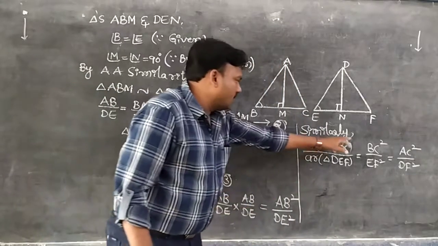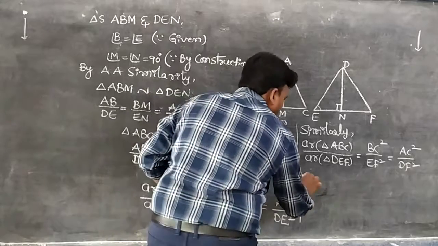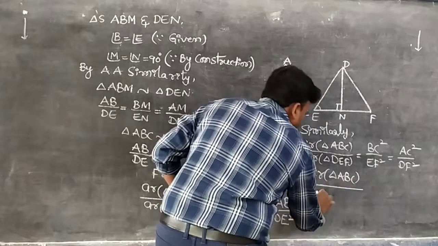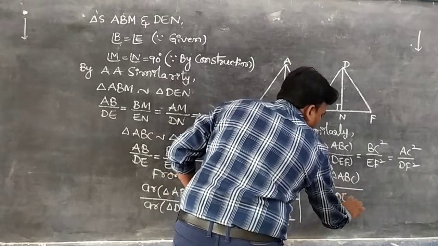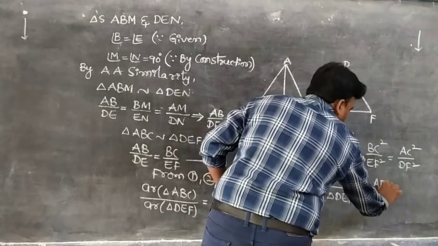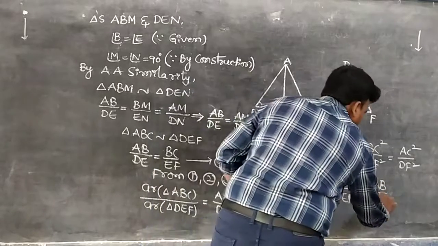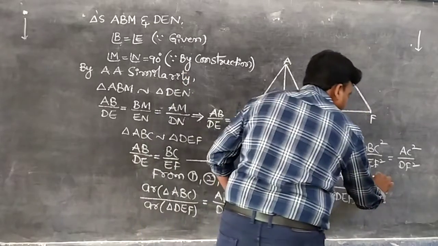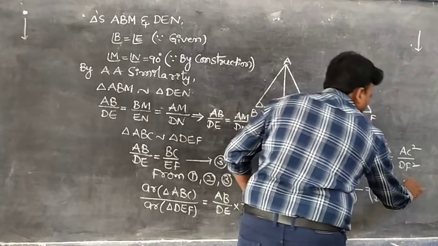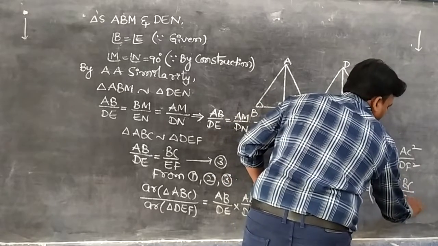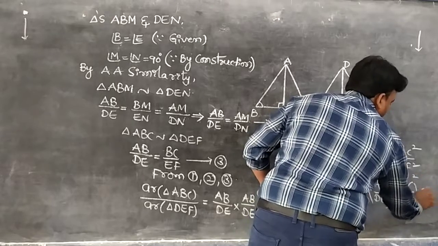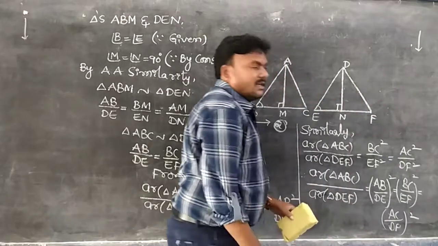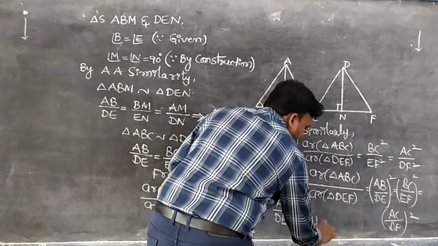Here also, from 1, 2, 3, we conclude finally: area of triangle ABC by area of triangle DEF equals AB by DE whole square equals BC by EF whole square equals AC by DF whole square. This is the theorem. Hence it is proved.